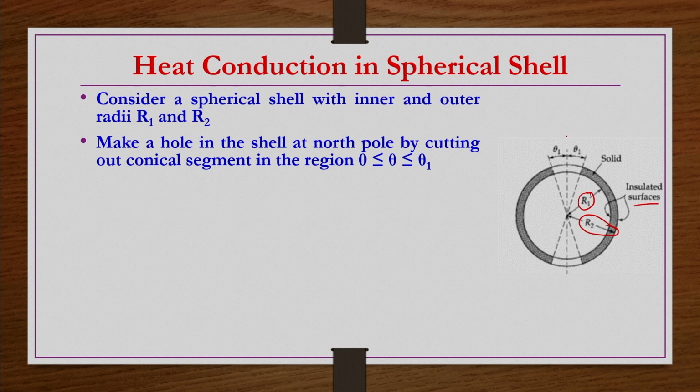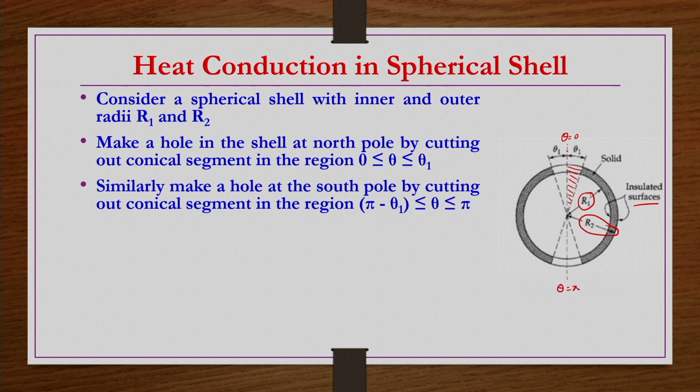So, we have theta equals 0 location, this one, and theta equals pi location is this one. So, between theta equals 0 and theta equals theta 1, make a hole, and that hole should be a conical segment like this, right. So, the angle of this conical segment is theta 1.